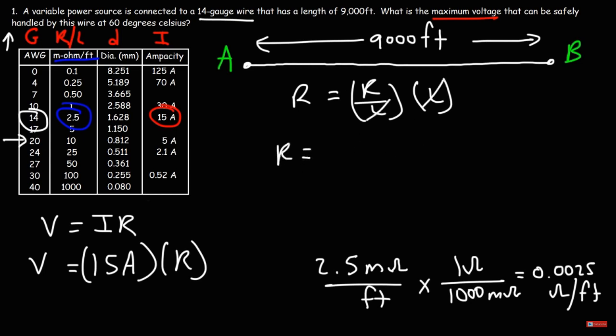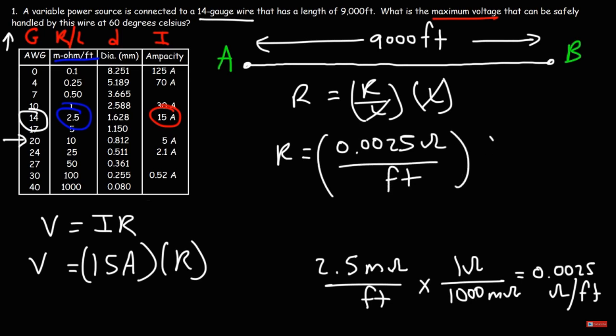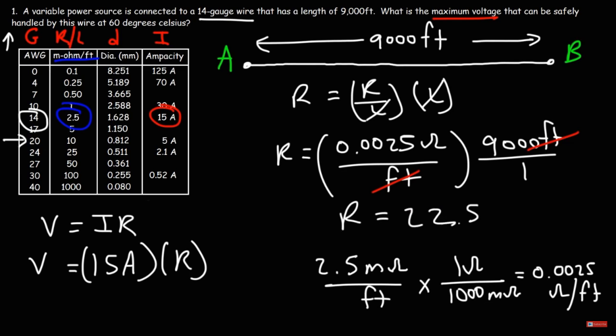The resistance per unit length is 0.0025 ohms per foot. And so we're going to multiply that by 9,000 feet. So we can see the unit feet will cancel. And so it's 0.0025 times 9,000. And the resistance of this wire is going to be 22.5 ohms. So we can plug that into this formula. And that's going to give us the maximum voltage.